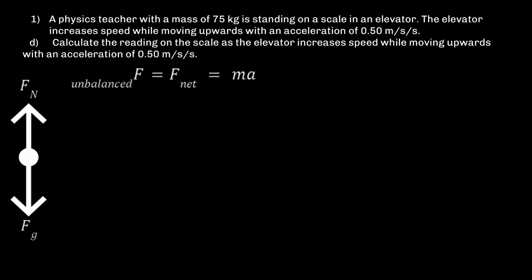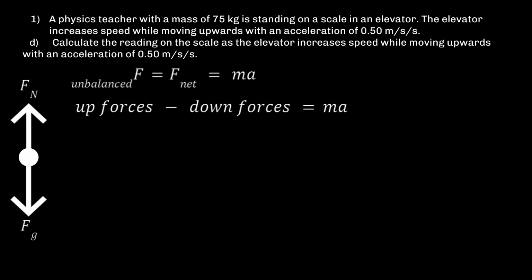Then for this equation, we start off with the force that's in the direction of acceleration. We know from earlier that my direction of acceleration was upwards. So I'm going to have up forces minus down forces equal to ma. That's where my free body diagram really comes in. What's my up force and what's my down force?